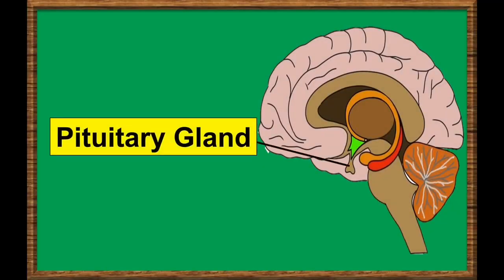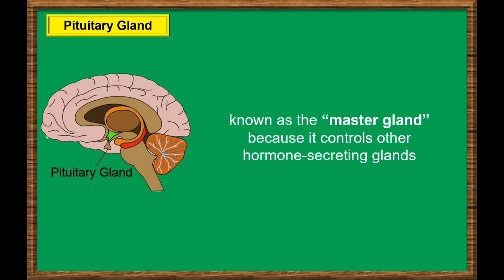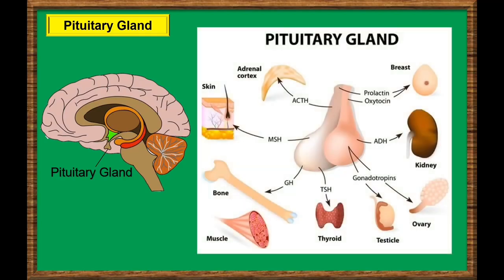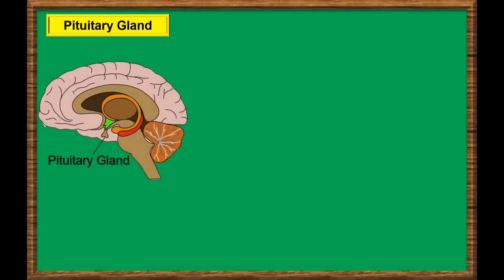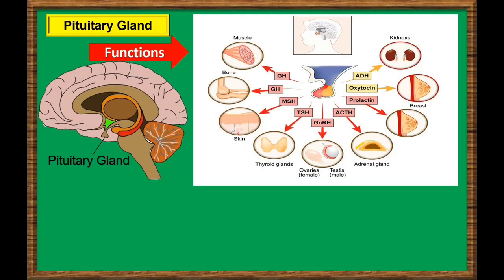The pituitary gland. The pituitary gland is a small pea-sized gland and is referred to as the body's master gland because it controls the activity of most other hormone-secreting glands. For example, the pituitary gland produces prolactin, which acts on the breast to induce milk production.